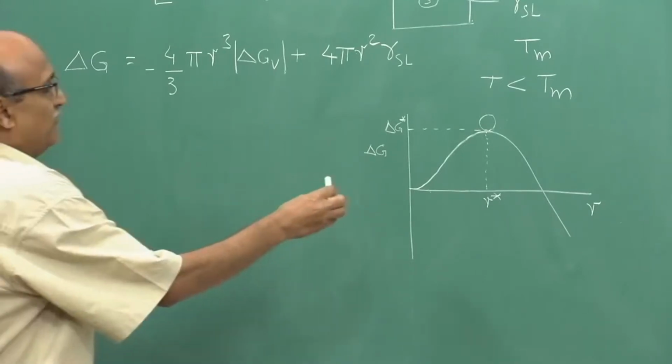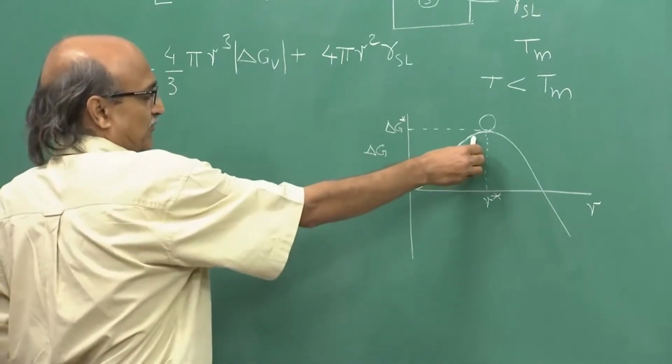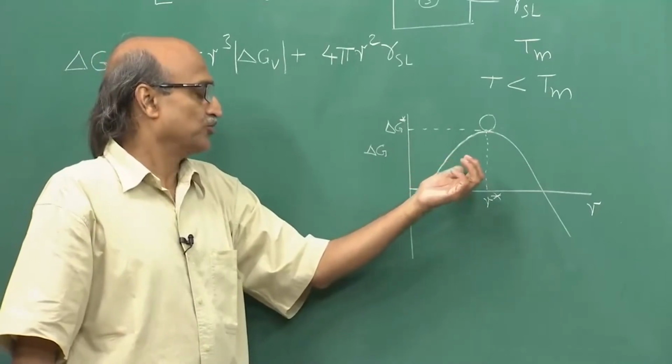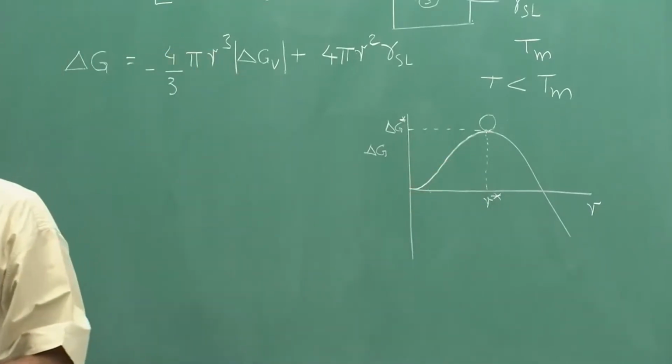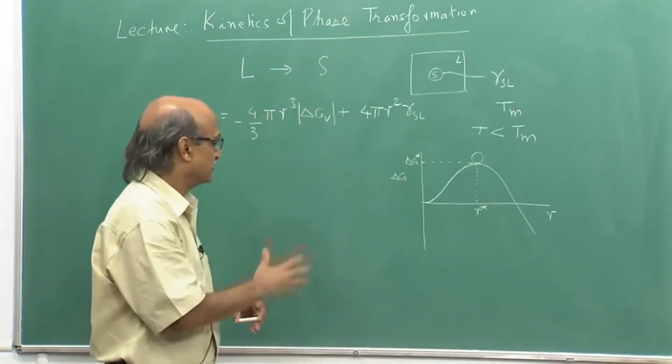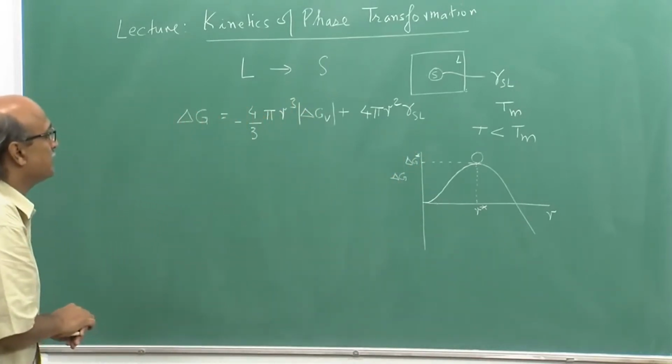For all nuclei which get created, whose size is less than the critical size R star, they will tend to dissolve back into the liquid, disappear back into the liquid.